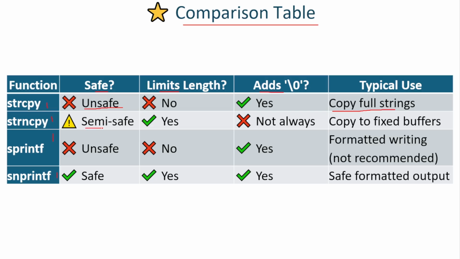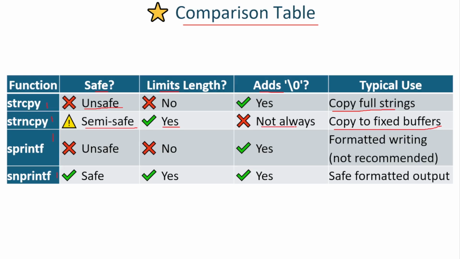strncpy is only semi-safe. It allows you to specify the maximum number of characters to copy, which helps prevent buffer overflow. However, it does not always append the null terminator if the source string is equal to or longer than the specified limit.